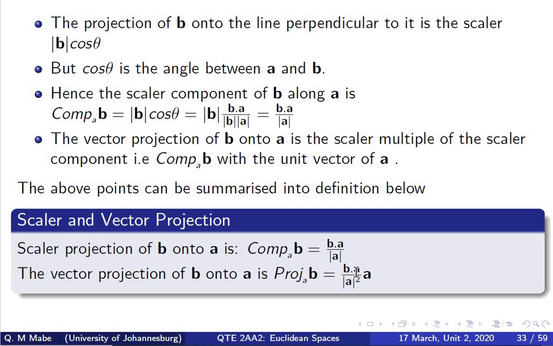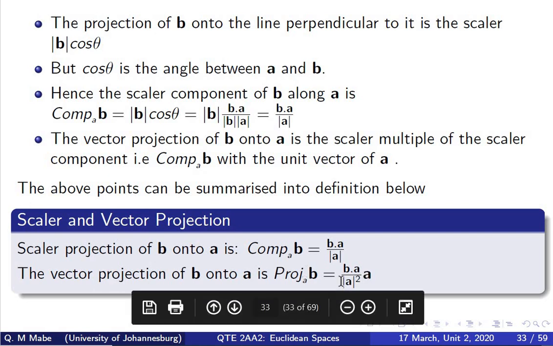B dot A is a scalar, and the magnitude of A squared is a scalar, but A is a vector, so this is a vector, whereas the component, the scalar projection of B onto A, is a scalar.